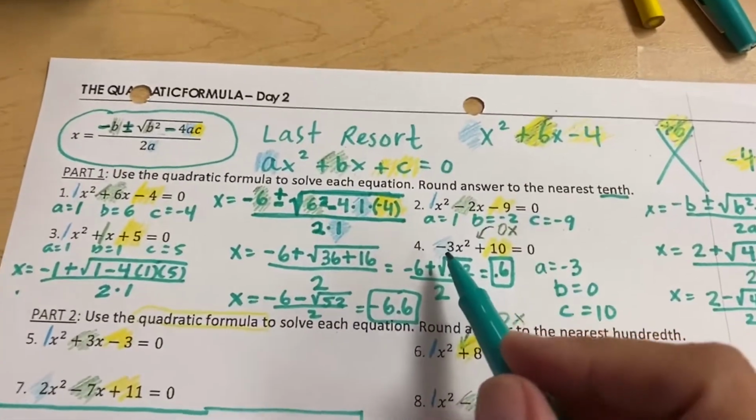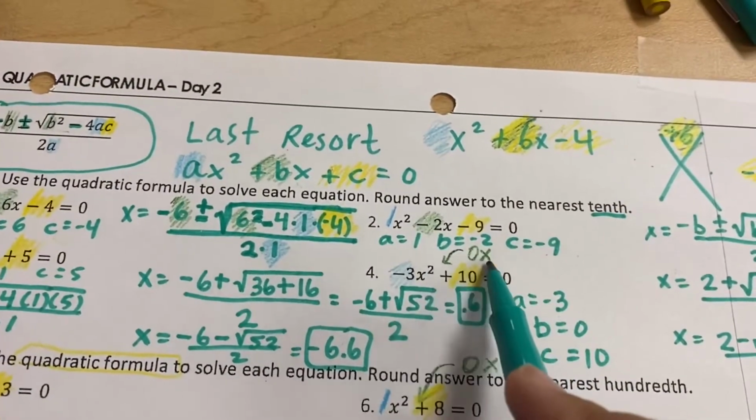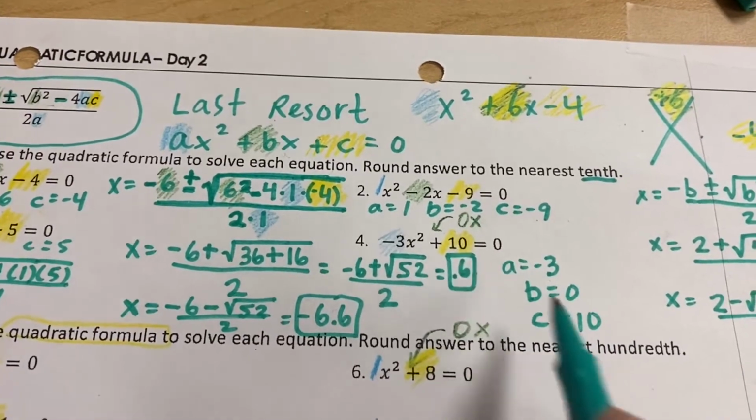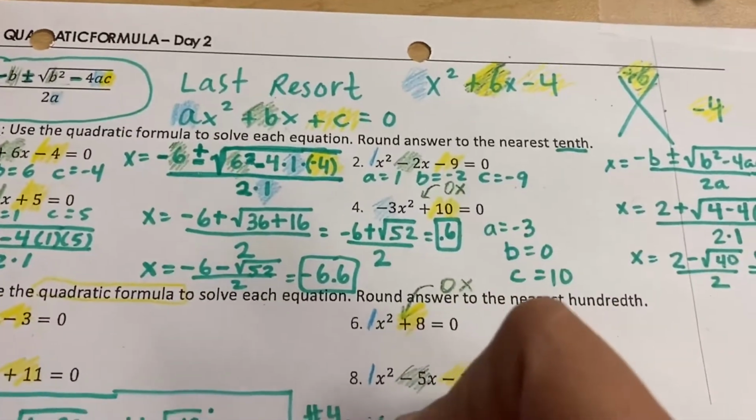Question number 4, the -3 is A, right? We said there is no number in front of the x, there's no x's, and then C. Okay, so using this same formula, I'm just going to use the same formula each time.